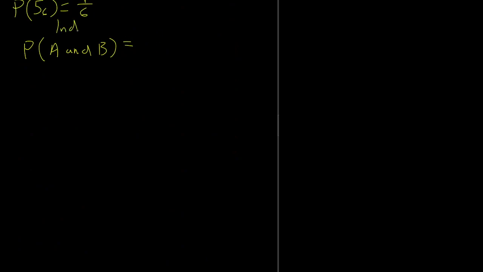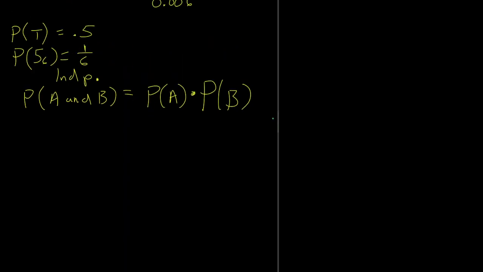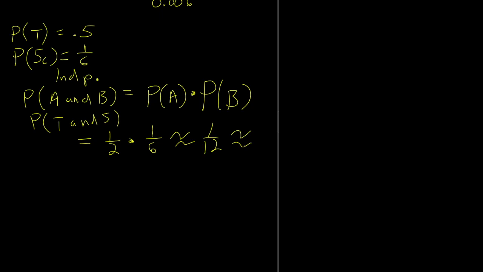And so if they are independent, not dependent, it's the probability of A times the probability of B. And so my probability of flipping a tails and then rolling a 5 on a 6-sided die is 1/2 times 1/6, or 1/12, which is approximately its decimal equivalent of 0.083.